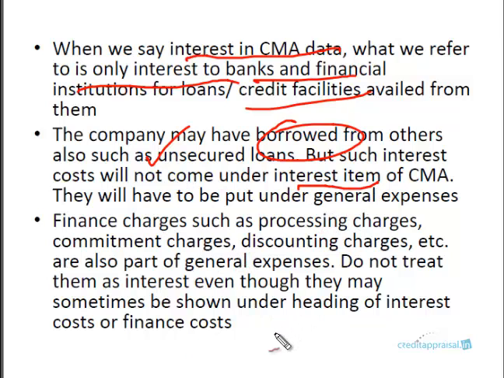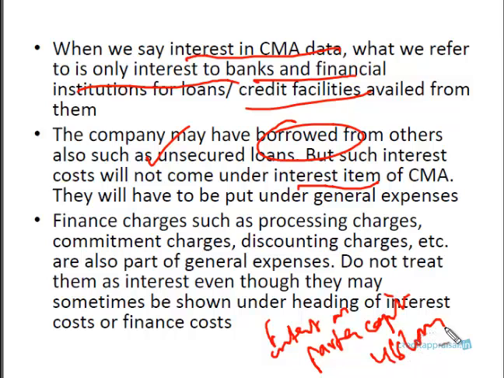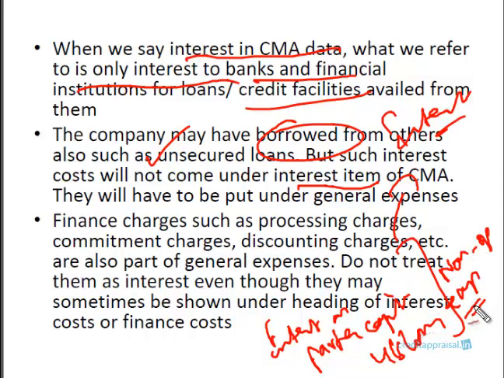Whenever you come across the terms interest on partners' capital or interest on unsecured loans, please note that these items will not come under interest in the CMA data. They will go to non-operating expenses, because they have got nothing to do with the operations of the company.